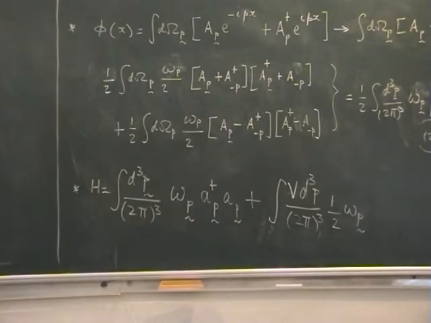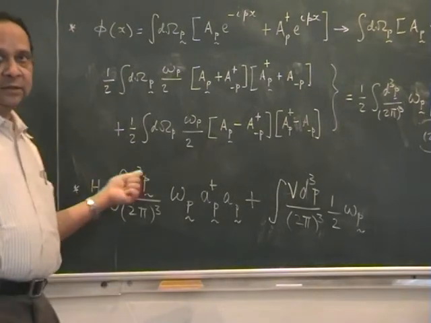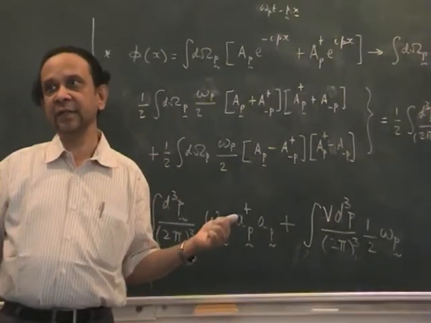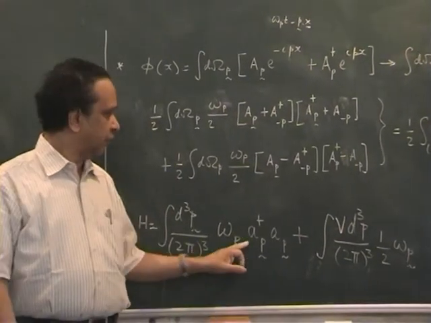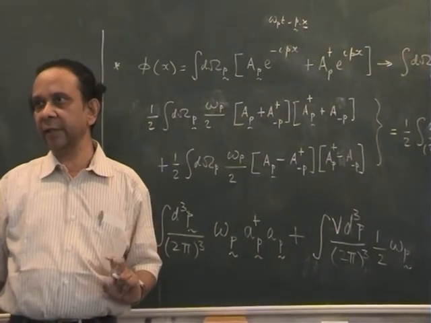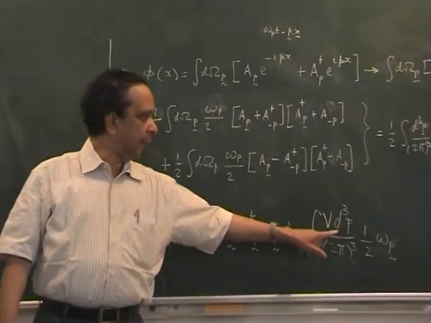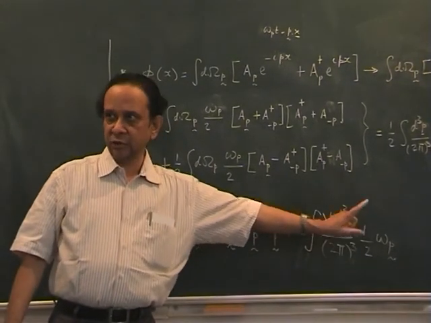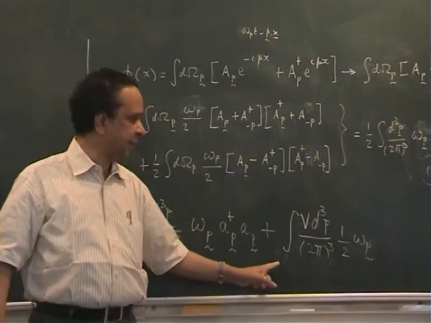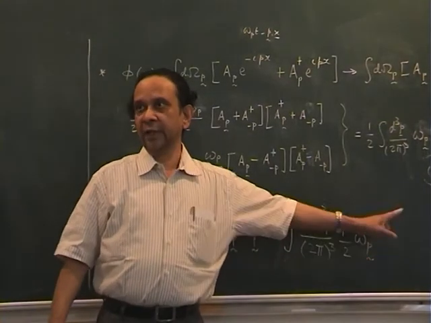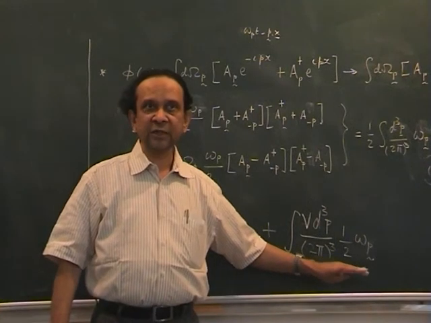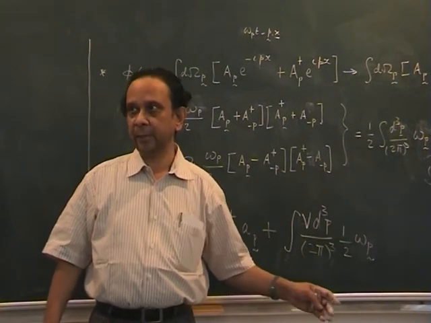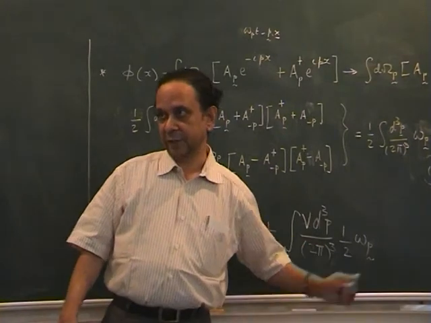If you consider the expectation value of this in any state, in particular the ground state, the number operator term will give you 0 because the number operator on that state is 0 and the ground state is normalized. The other is a C number, so it will give you 1 and this will survive. So the vacuum expectation value of the Hamiltonian is given by this expression.